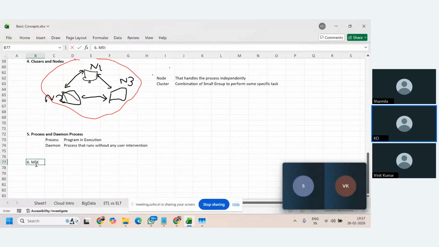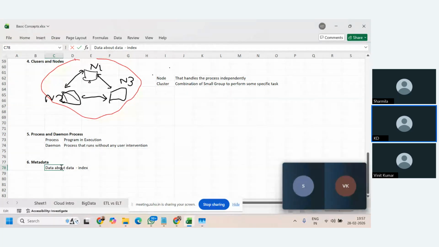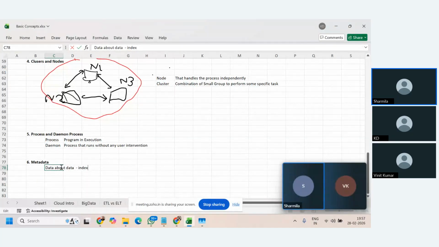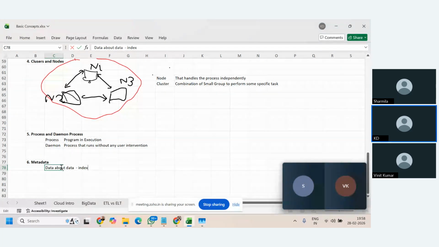Then the sixth one is metadata. Do you know what metadata is? Data within data? It is not data within data, it is data about data. For example, if you have a book, a lot of things are inside the book, but at the start of the book there is an index. The index is data that tells what is inside every chapter.